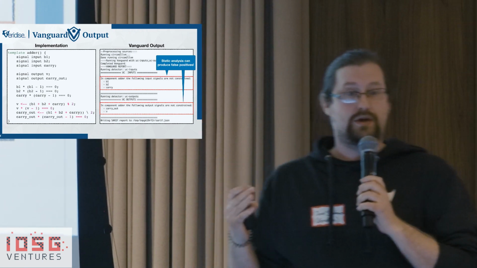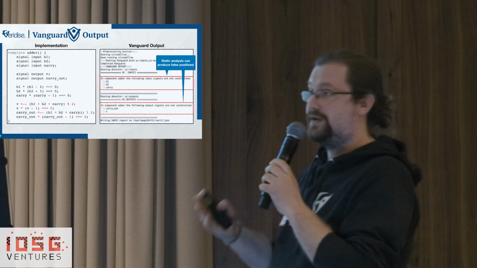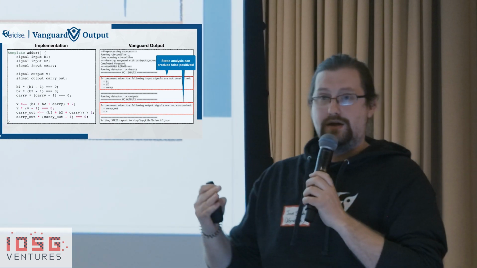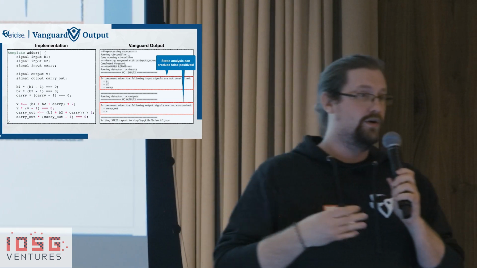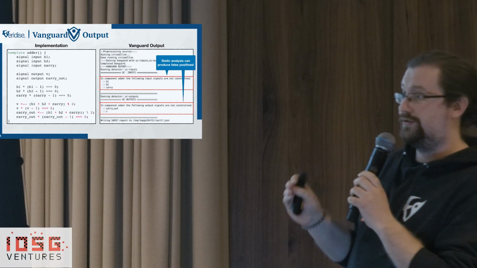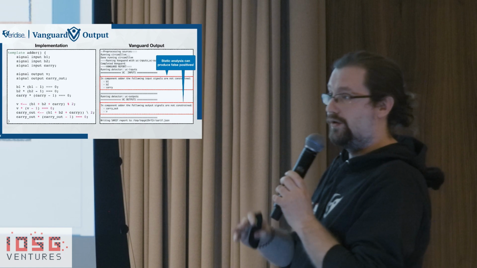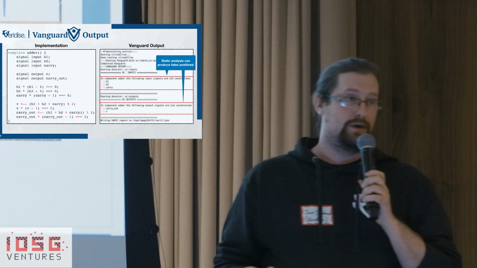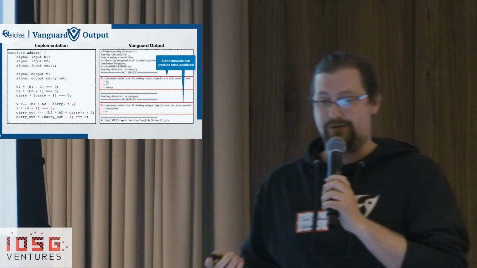So basically, we can use Vanguard in order to give us quick feedback, in this case, point out some potential issues. And then that is something that the user can go and investigate to try to figure out whether those issues actually do exist or they don't. And so in practice, Vanguard has a relatively low false positive rate, but it can still have false positives.